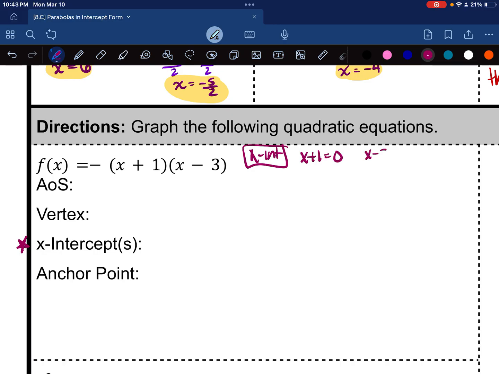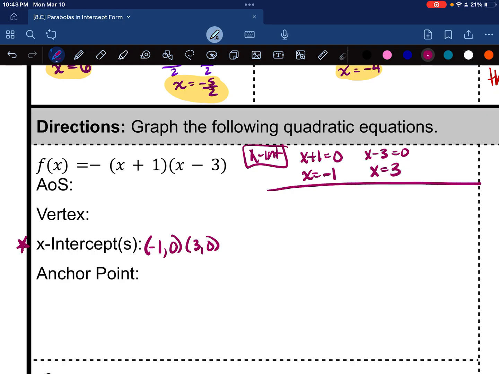And I take the x minus 3 and set that equal to 0. So this one, I would subtract the 1 over. This one, I add the 3 over. So my two x-intercepts, mind you, this one says x-intercept, so I have to write it as an ordered pair, are here.